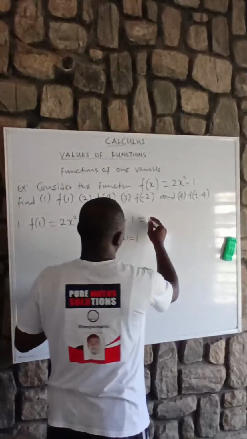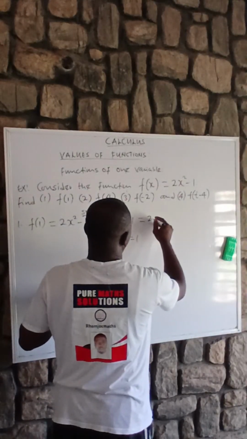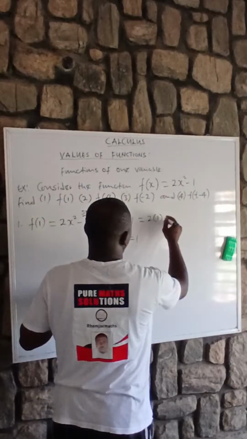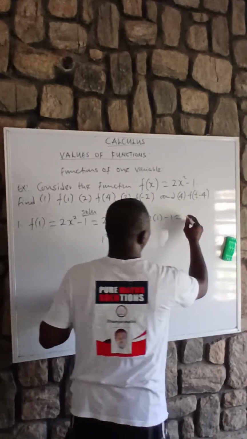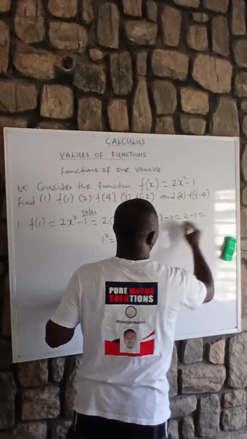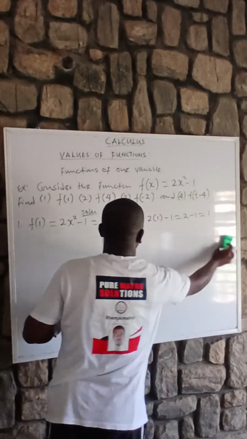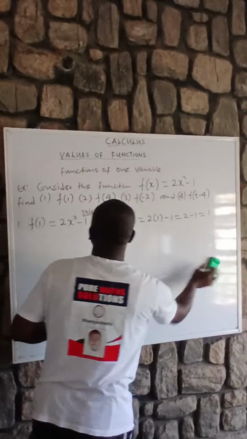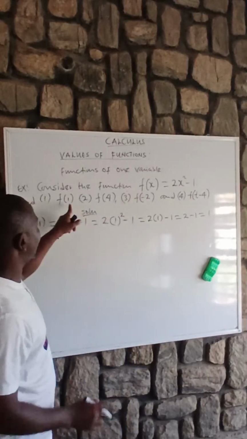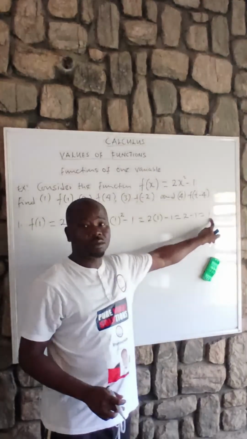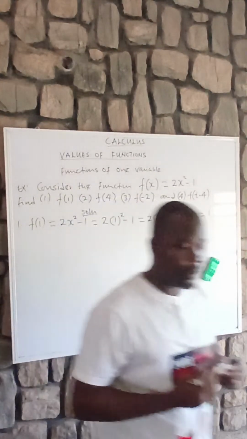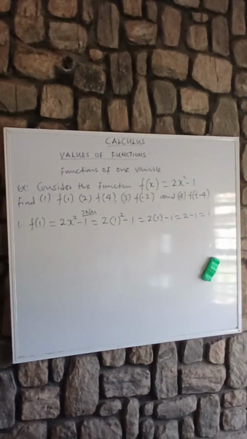So here is 2 times 1 minus 1. This is the same thing as 2 times 1, 2 minus 1, which is equal to 1. So as you can see now, f of 1 will give us 1. Do you agree with me? Any question?